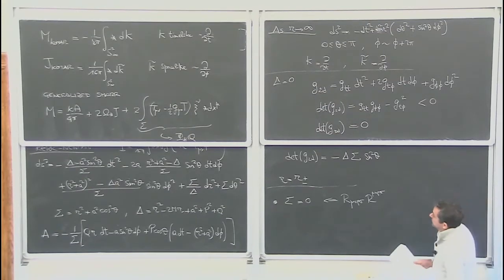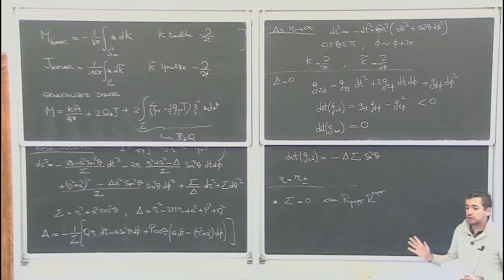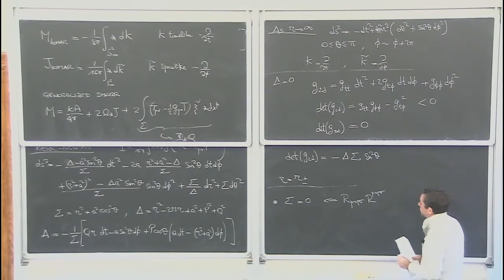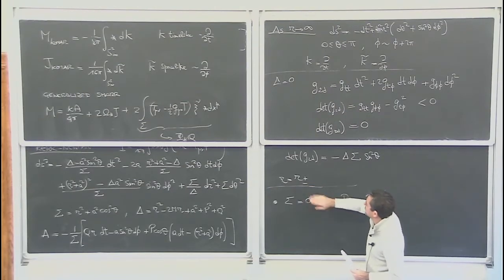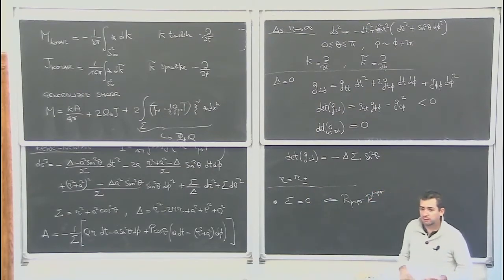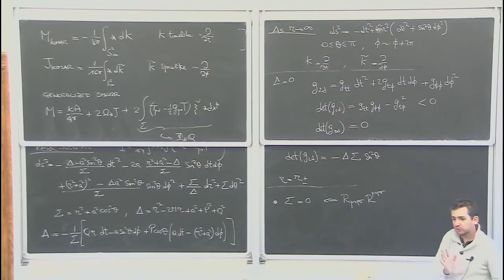Okay, but to make the connection with what we have seen so far regarding Killing vectors, let's look for this Killing vector that is null on the hypersurface that we have identified at r plus or r minus. We will be mostly focused on r plus, that is the outer horizon, r minus is the inner horizon.